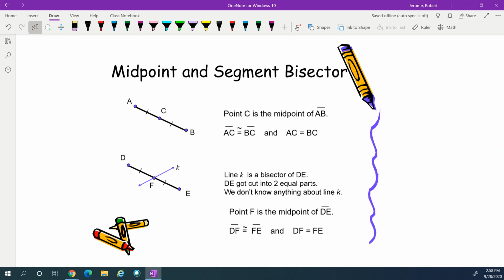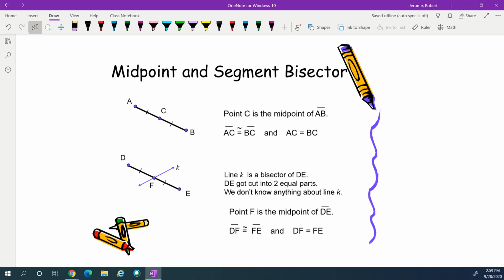Remember, bisect means two equal, congruent, smaller parts. If we started with a segment, we have smaller segments. If we started with an angle, we have smaller angles. So here, if we're told line K is a bisector, then that means it goes through the middle, or the midpoint. So that means F is the midpoint of DE. And of course, we have two smaller congruent segments that are equal in measurement.